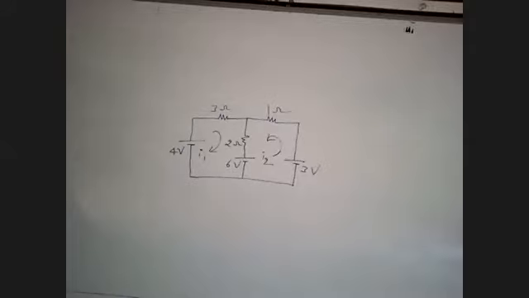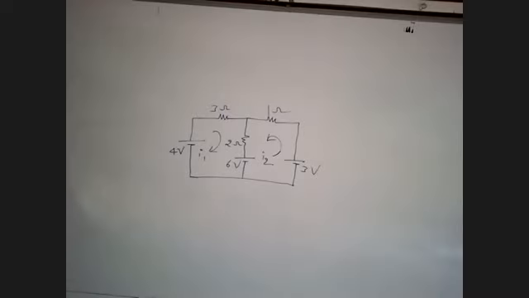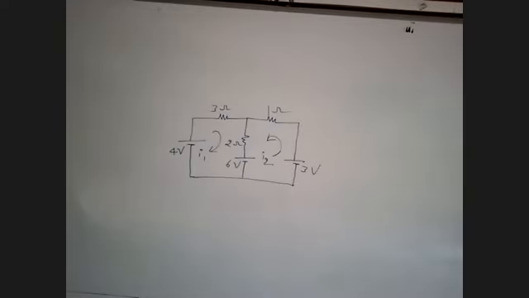Sir, I had a doubt. Tell me. Sir, aren't we supposed to take the same direction for all loops? Shouldn't we be taking the same direction for both the loops, or can we take different directions also? In the problem they will give. In the exam they will give, in that direction or in the reverse direction.